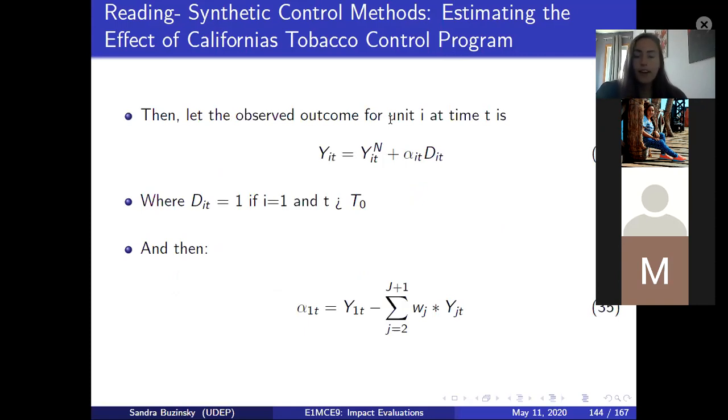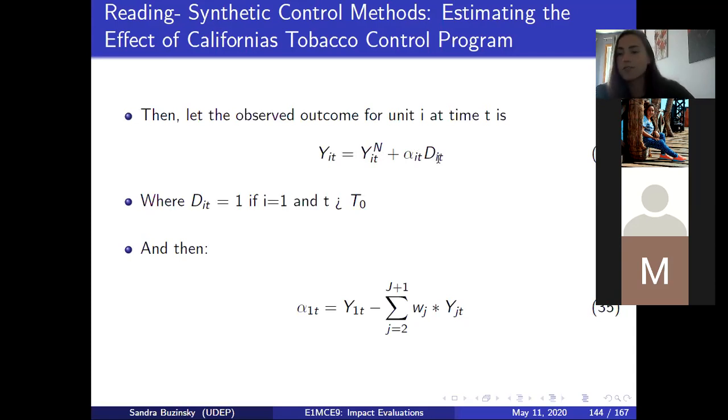Okay, then let the observed outcome for unit i at time t be Y_it equals Y_it^N. So this is the potential outcome for the control group plus alpha D_it. So there shouldn't be an it there, alpha D_it.